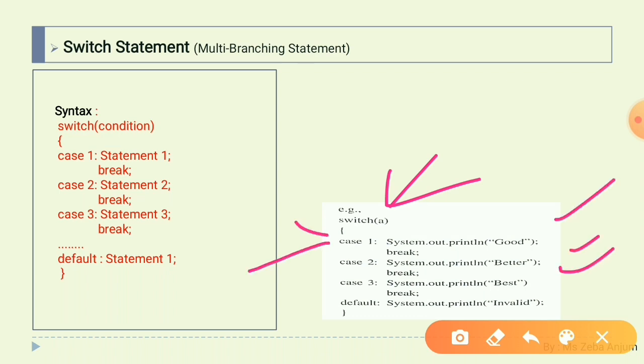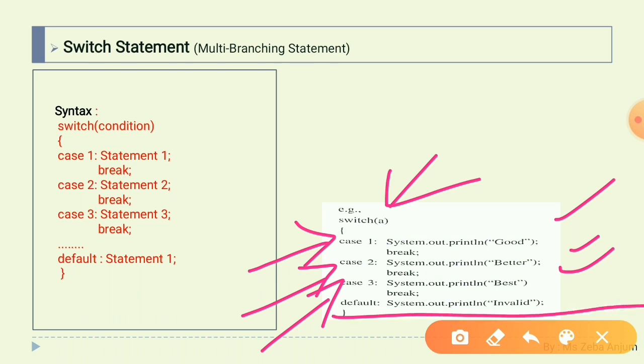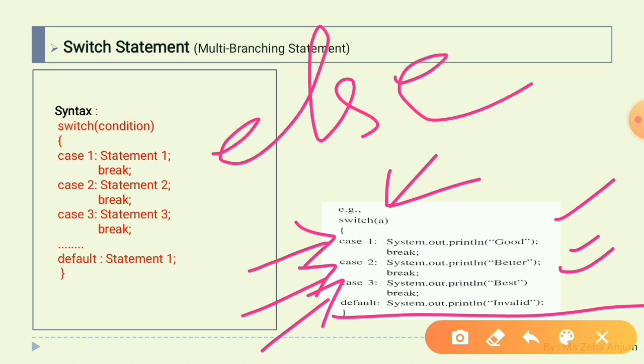Whichever case is matched, that case is going to be executed. And if all the cases are unmatched, then your default case is going to be executed, that is your invalid. So if you compare this switch statement with else if conditions, your default is the else portion.